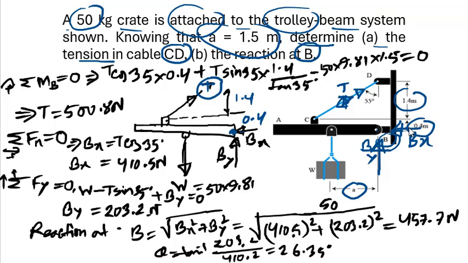So we have to put the moment equation at this point. We are considering clockwise as positive because we know the equilibrium condition: summation of moment equals 0. We are applying the moment at point B equal to 0.